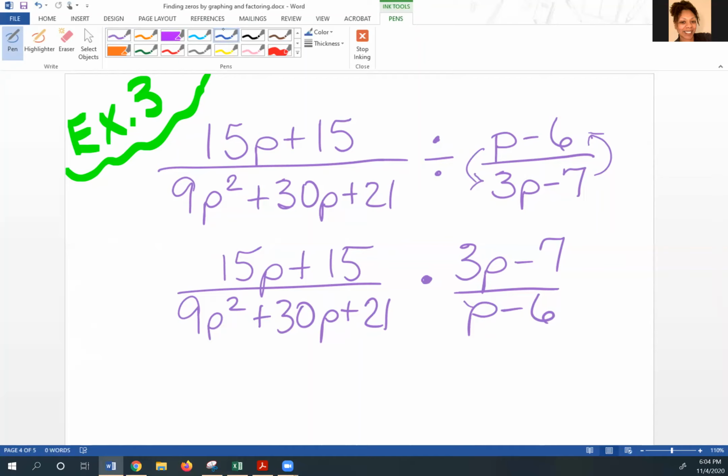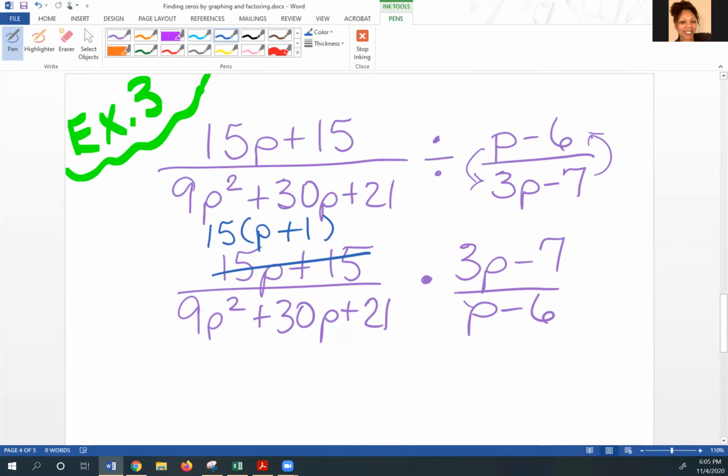In doing so, 15p plus 15, I can divide both of those by 15. And I'm left with, 15p divided by 15 is simply p, and 15 divided by itself is 1. Now over here, I see 3p minus 7.